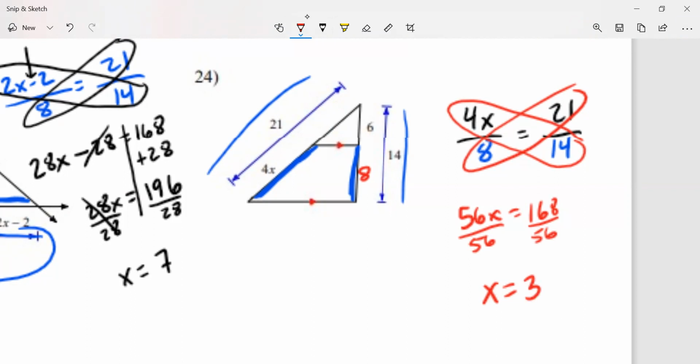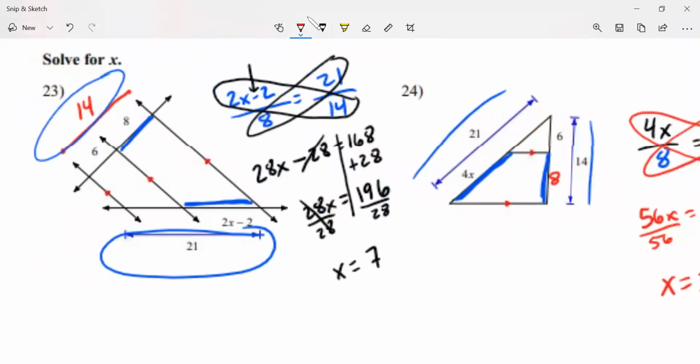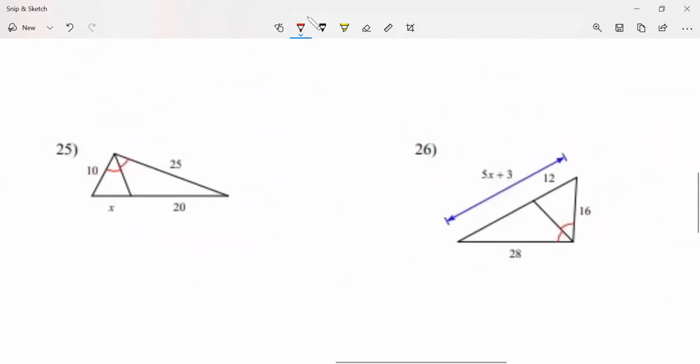Okay, so that's the case when my triangles or my figures here have parallel sides. And I know they're parallel because the arrows indicate they're parallel. But now we're going to move into something that we call the angle bisector. Okay, so one of my angles of the triangle is cut in half. Angle bisector.